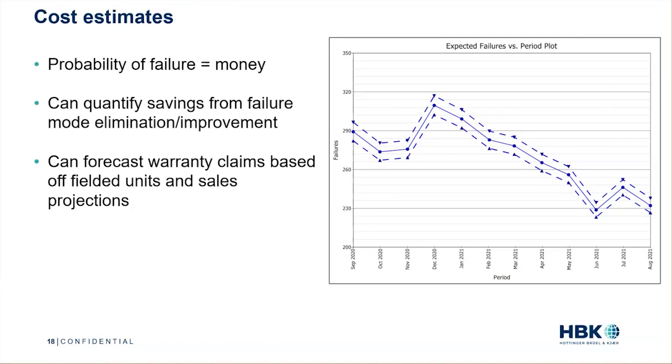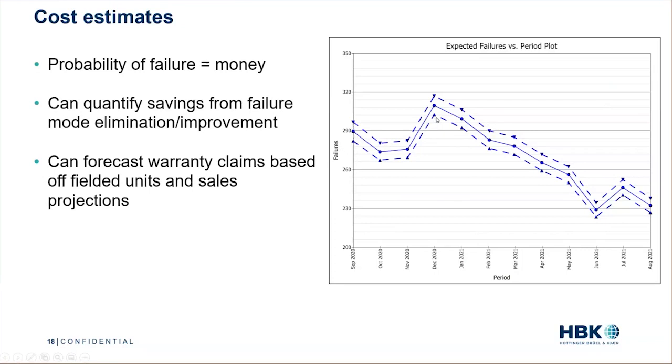Furthermore, once your product's actually in the field, perhaps shortly before your product's in the field, you can use that same probabilistic model combined with the age of units that are out there to come up with the plot on the right, which is an expected failures plot per month. So this is telling us we're expecting between 280 and 300 claims in September.